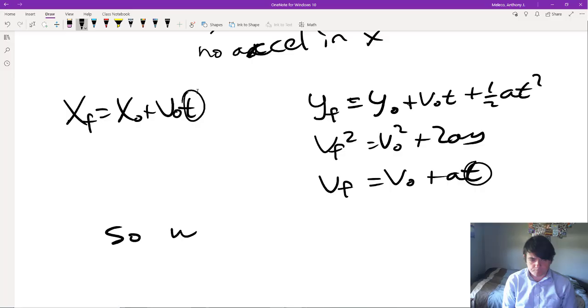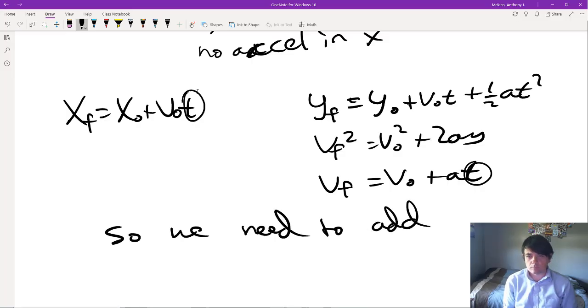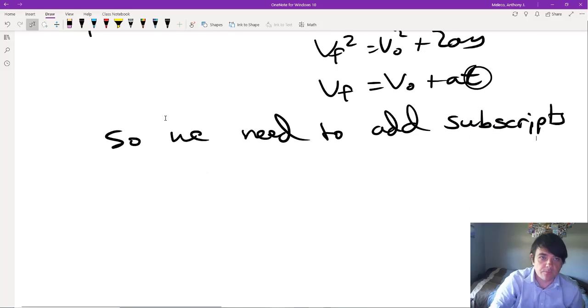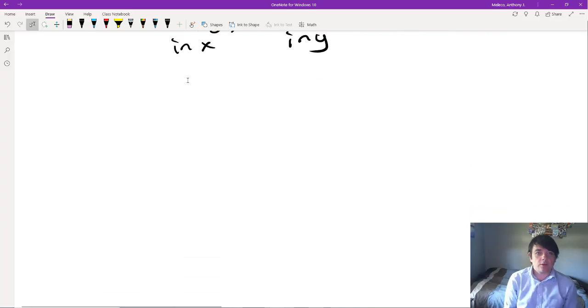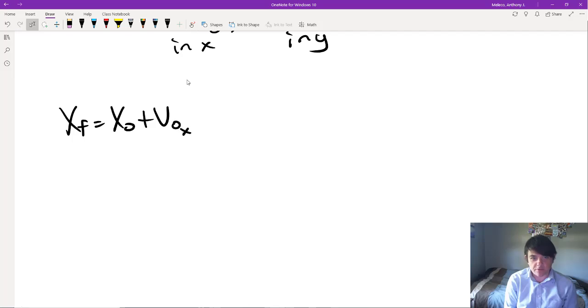So we need to add subscripts because V naught in X does not equal V naught in Y. So what we end up doing is our kinematic equations will look like this. We add another little subscript on top.